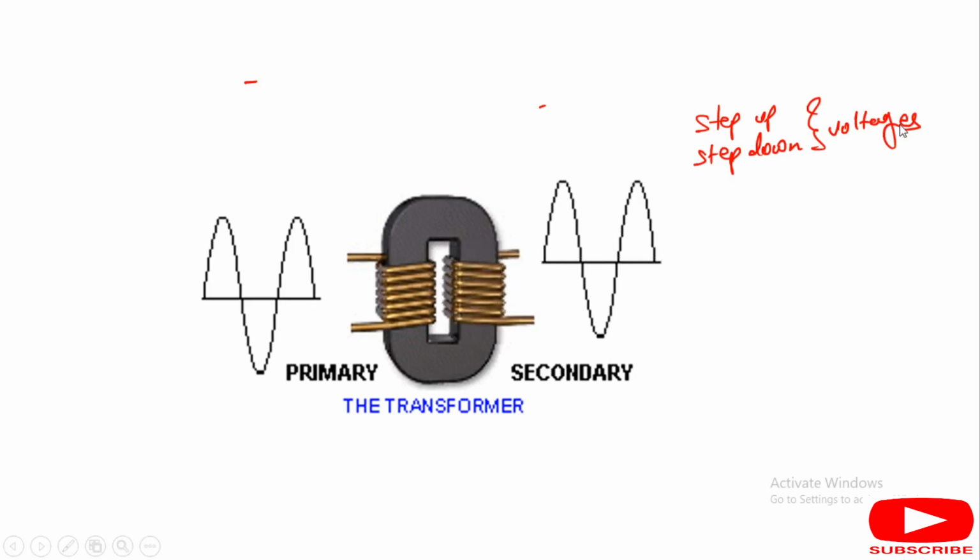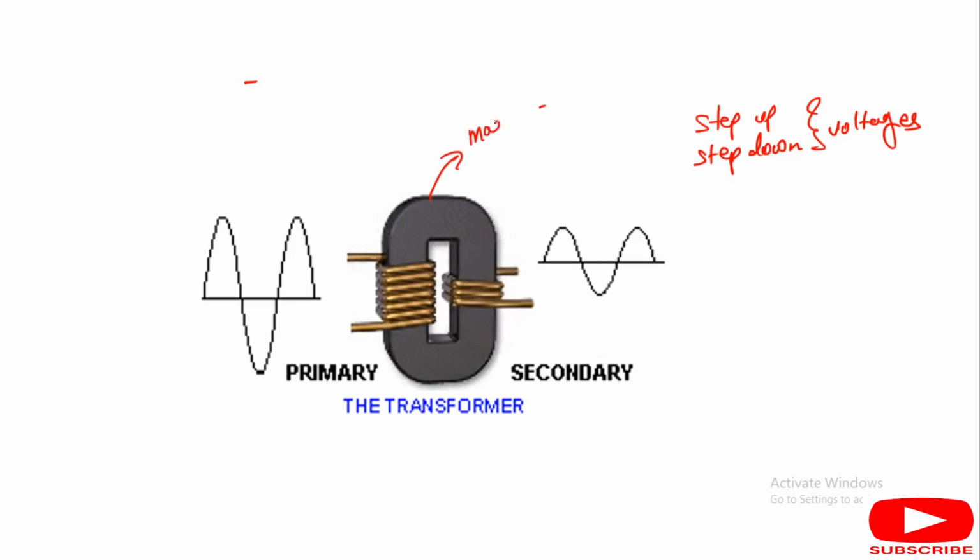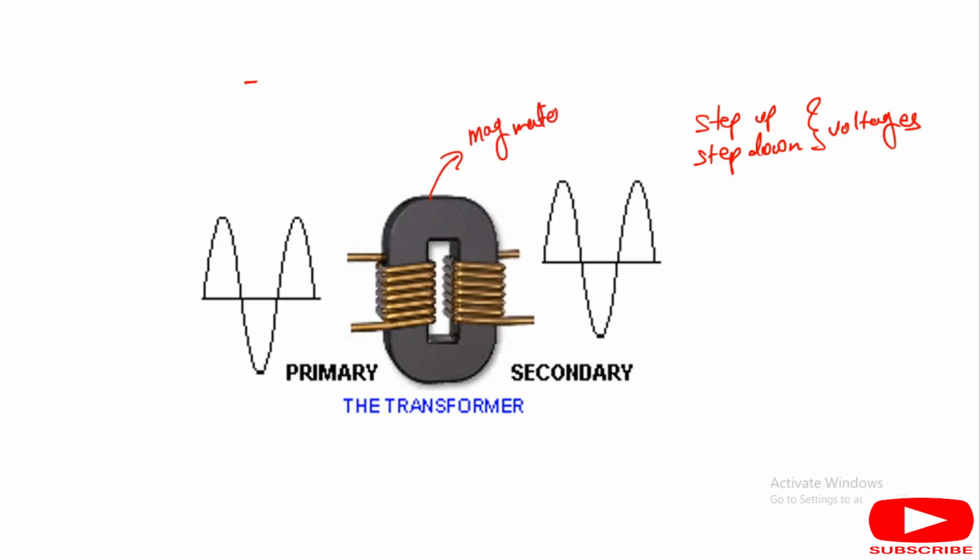This transformer is made up of magnetic material like ferromagnetic material. The best example of ferromagnetic material is iron.